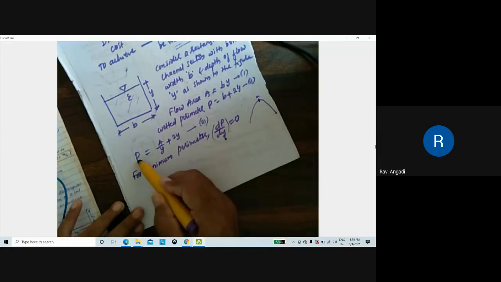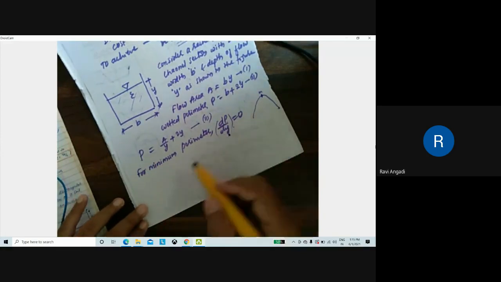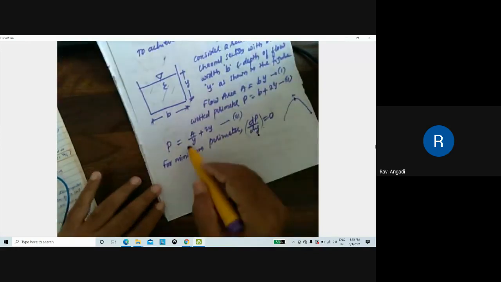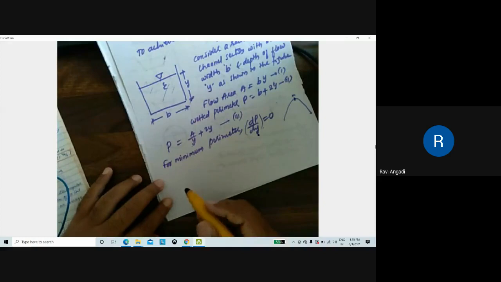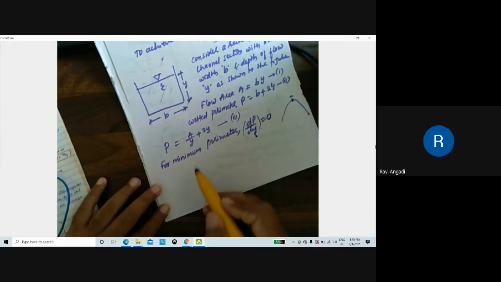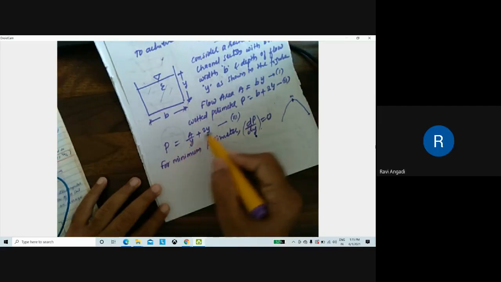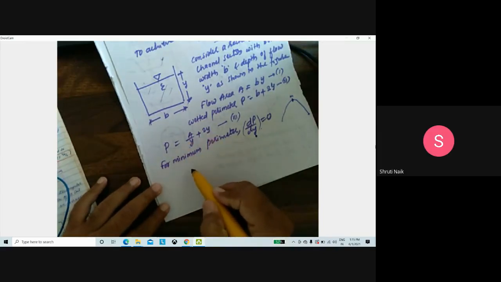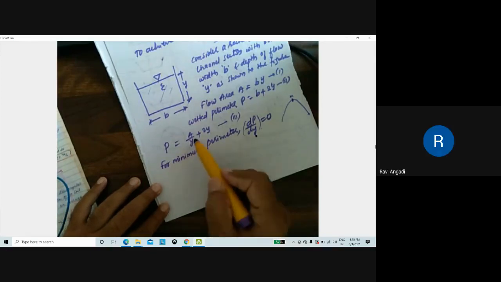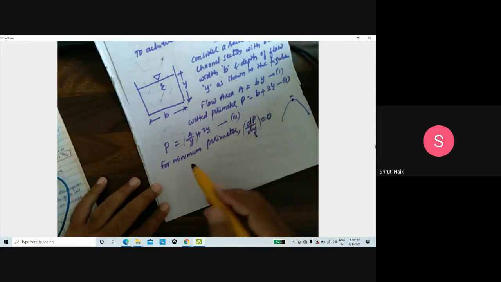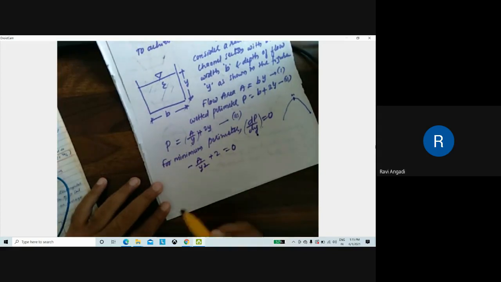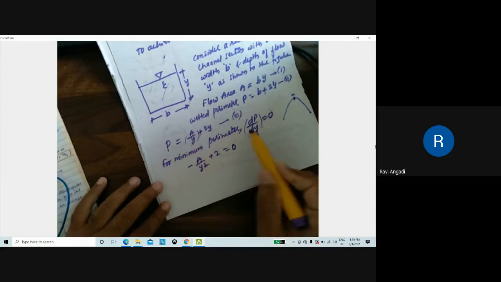Then substituting in the equation, what do you get when I differentiate it with respect to y? dP by dy equals minus A by y square plus 2 equal to 0.